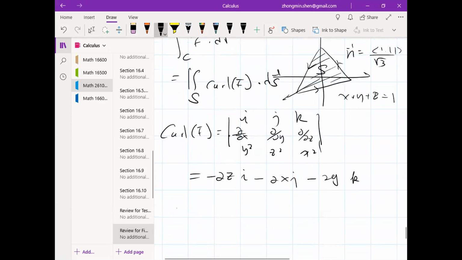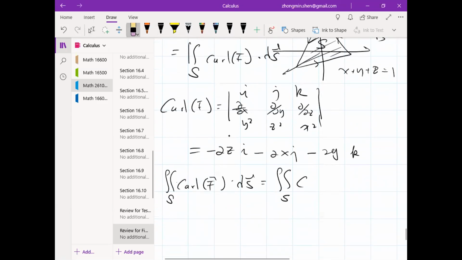Yeah, we need the unit normal vector. So this surface integral is going to be the surface integral of negative 2z i minus 2x j minus 2y k, dot product with i plus j plus k divided by square root of 3, dS.